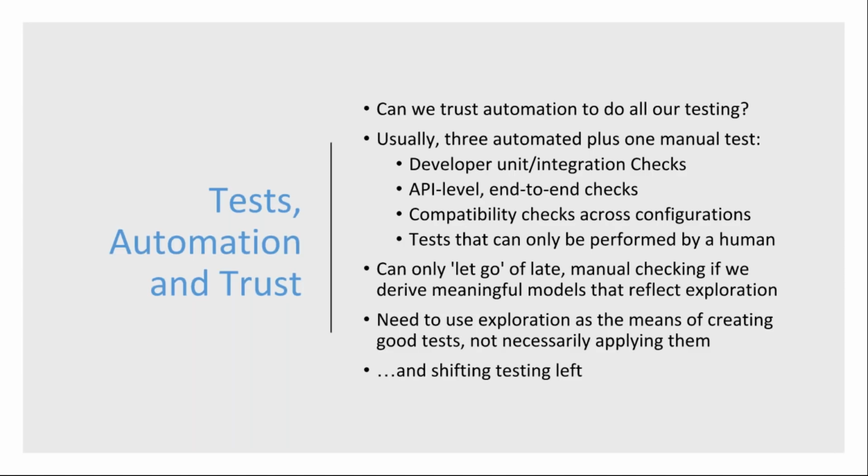So we have to consider exploratory testing as a mechanism for creating automated tests. We should commit to saying all the tests I can think of, at some point, I want a tool to be able to run them. We're not there yet, but I don't see why we can't get there in time.